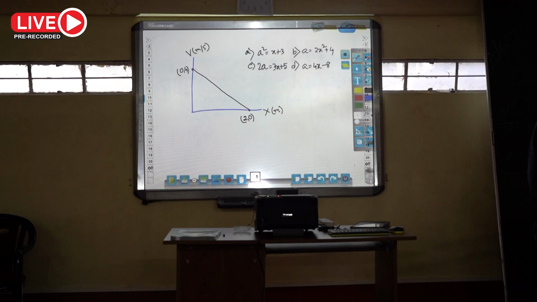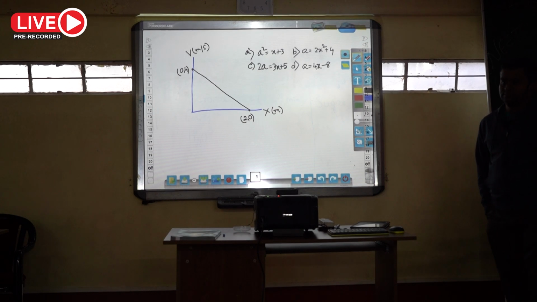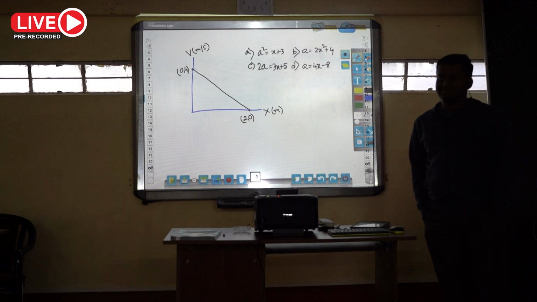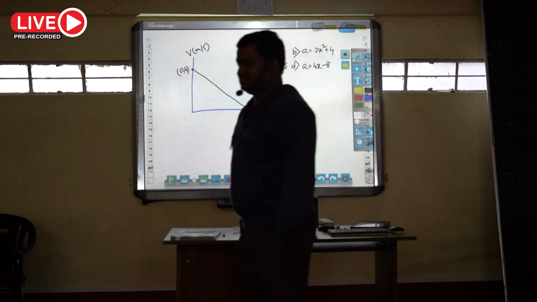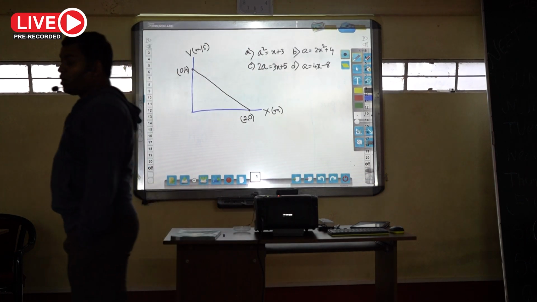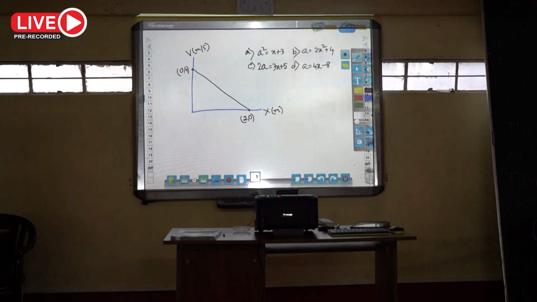Option B, last option. How? So y is equal to mx plus c. Slope of this equation, but it is v versus x.